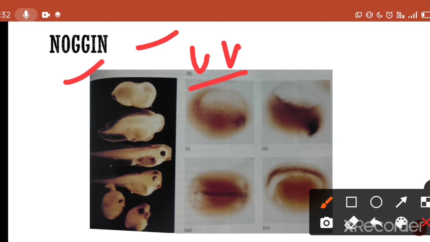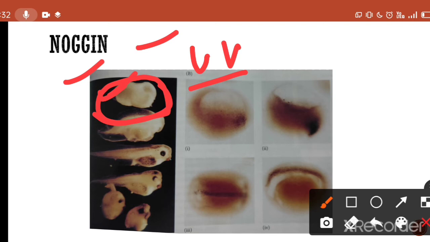As we know, due to cortical rotation the gray crescent is formed, and due to this ultraviolet radiation, cortical rotation fails, and the embryo lacks dorsal structure, as we can see in this top embryo, which lacks the dorsal region.